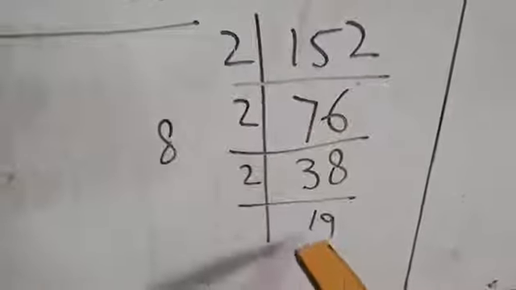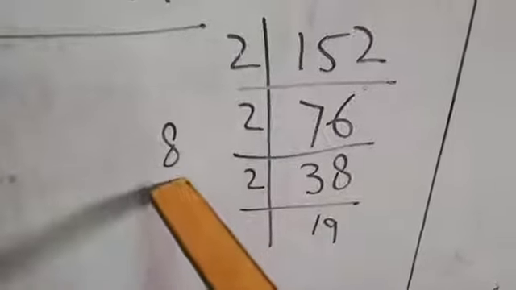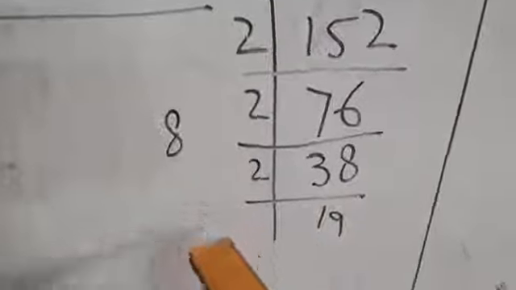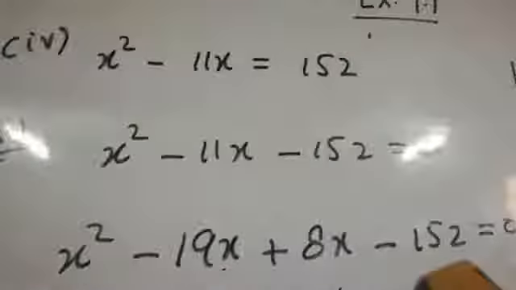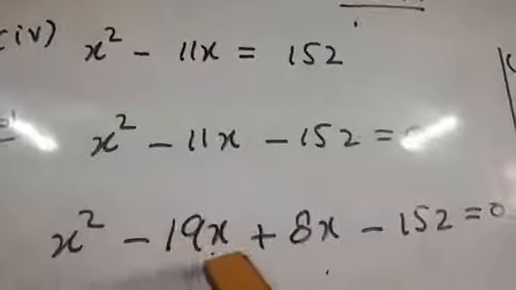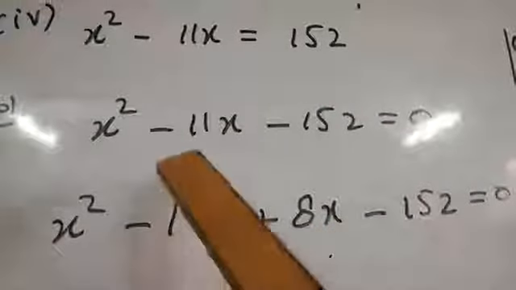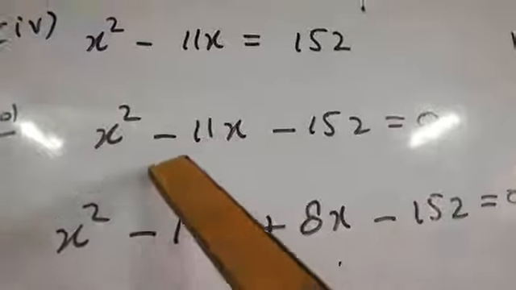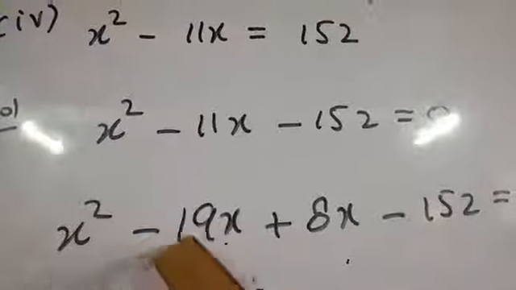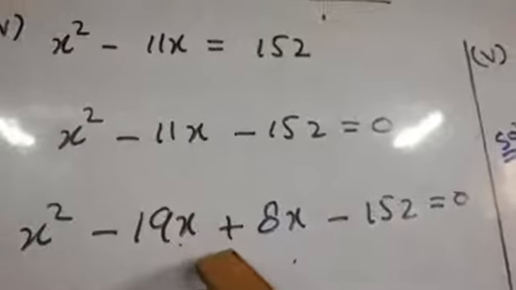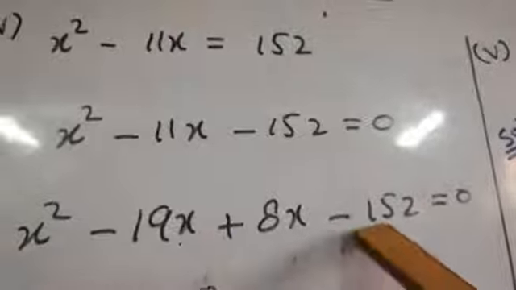And if we subtract 8 from 19, we will get 11. So we will make the pair of minus 19 and plus 8. Because this is a negative value, we will put the negative sign with the greater value. So minus 19x plus 8x minus 152.